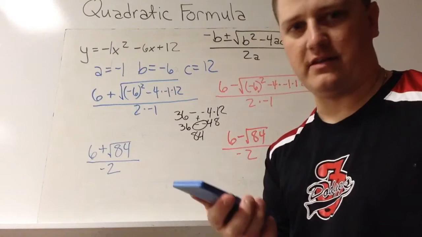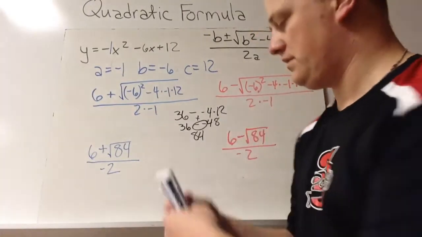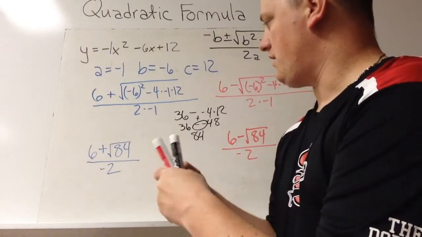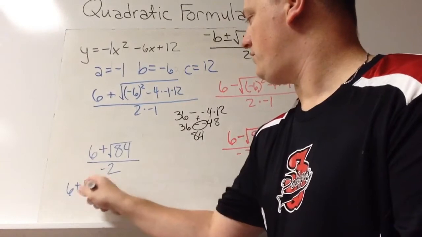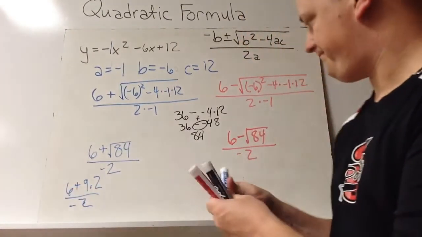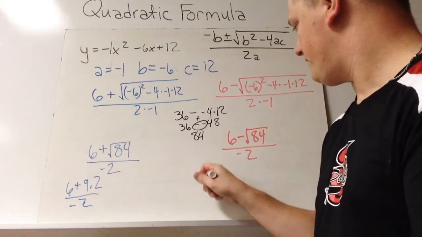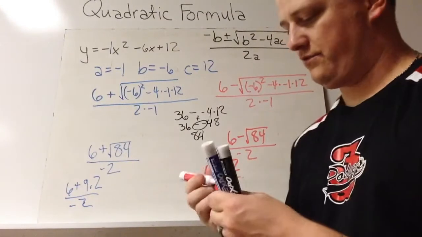And it is 9.16. We're going to round it just to 9.2. So we're going to go 6 plus 9.2 over negative 2. 6 minus 9.2 over negative 2.